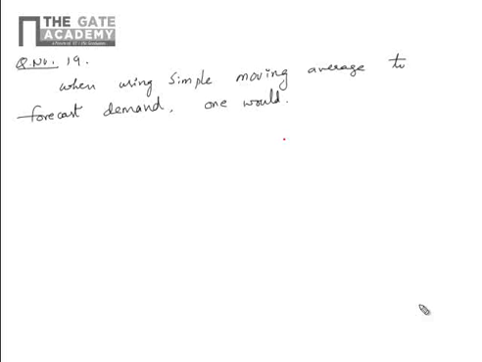C is include new demand data in the average without discarding the earlier data. D is include new demand data in the average after discarding some of the earlier demand data. This is a 3 period, 4 period moving average.